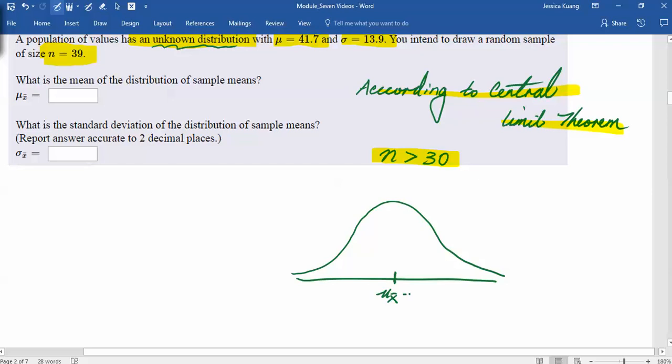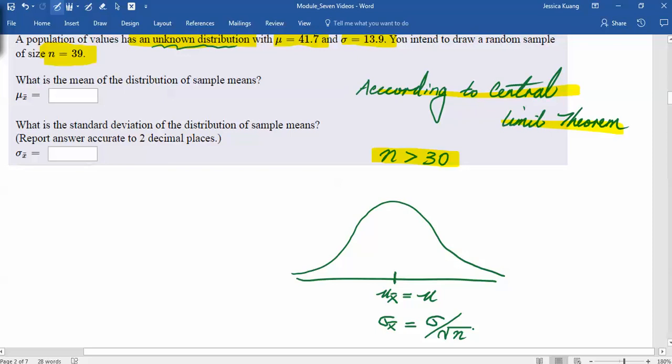The mean of the sample mean will eventually equal the mean of the population. And the standard deviation of the sample mean will equal the standard deviation of the original population divided by the square root of the sample size.